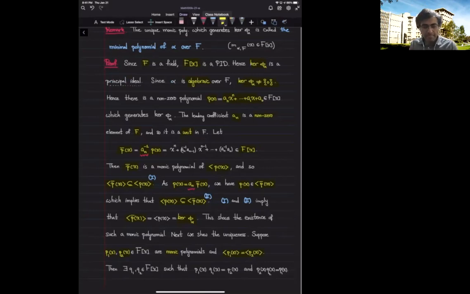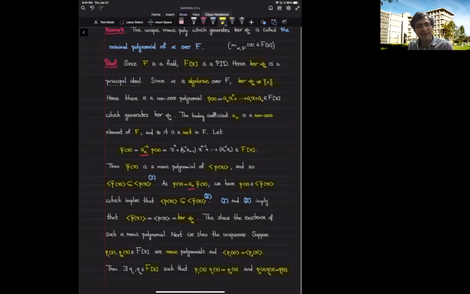Okay, so why is that? Because when I assume the ideal generated by P1 is the same as the ideal generated by P2, from there I can deduce that P2 is a multiple of P1. And because the ideal generated by P1 is the ideal generated by P2, I can also deduce that P1 is a multiple of P2. This means that for some Q1 and Q2 inside the ring of polynomials over F, I can write down these equations.